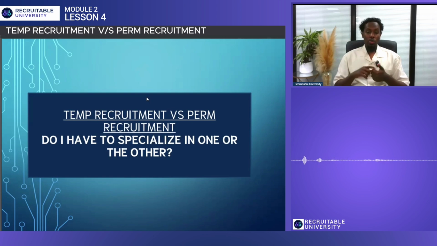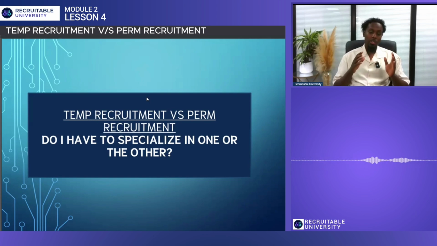You'll get vacancies from them, or you'll find vacancies online for temporary placements. Once you've got your foot in the door and you know how to do temp staffing and you've got your temporary pool of candidates, look at also the permanent side of things.